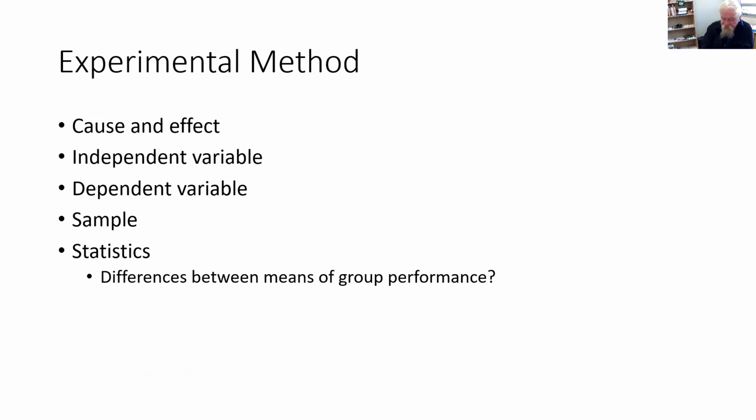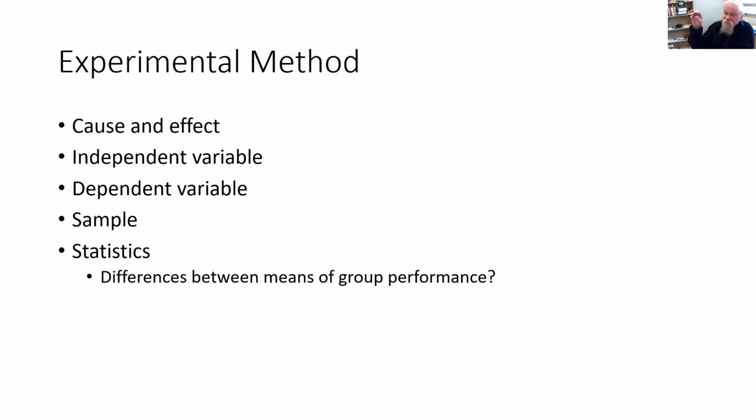Now, the third type of research method that we use in psychology studies is called the experimental method. We can determine cause and effect in those kinds of studies. We identify what's called an independent variable.